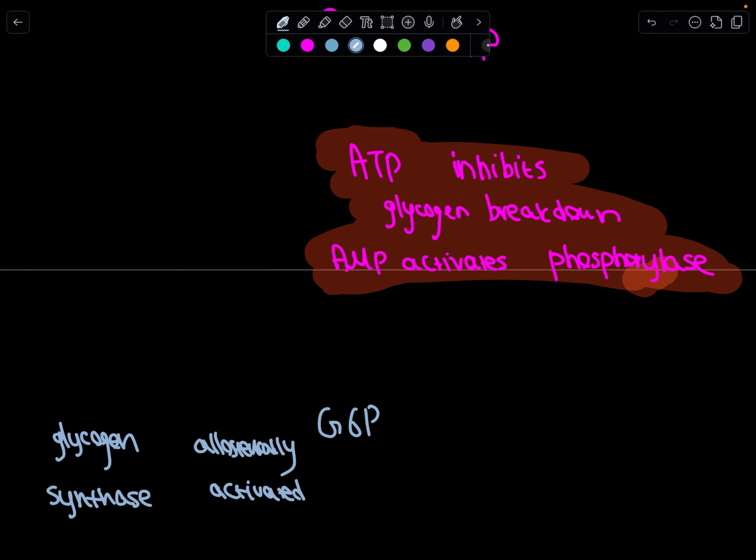Meanwhile, AMP activates glycogen breakdown by binding phosphorylase, signaling low energy and the need for glucose release. So ATP stops breakdown, G6P promotes building, both reflecting high energy, while AMP pushes breakdown for low energy. Okay. Clear? Yes, that is clear. That makes sense.